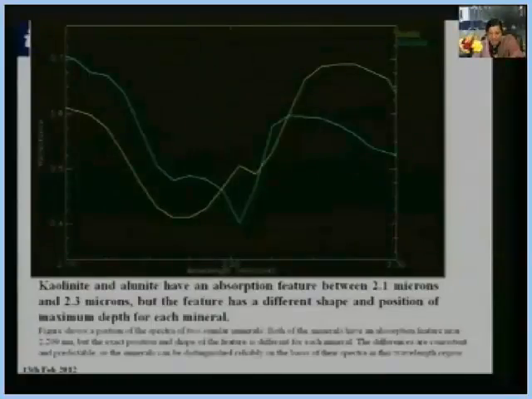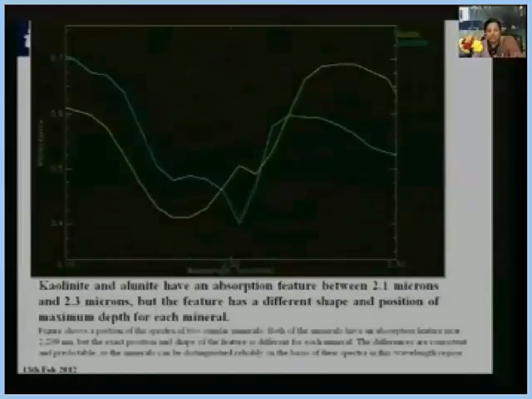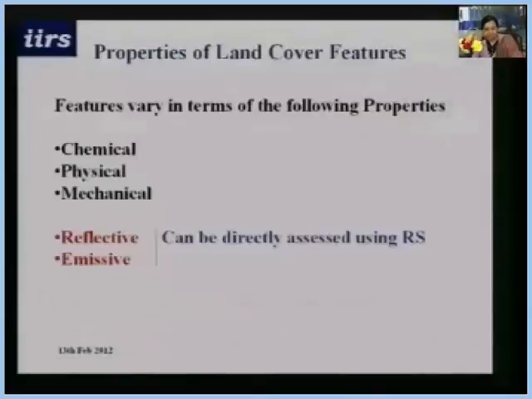If you sample the spectral measurements at a very narrow interval, that is at 10 nanometers, we will be able to capture these absorption zones separately, and that would enable us to identify these two minerals separately. Otherwise, in broadband remote sensing, this would be normalized, and you will not be able to see the difference between the two objects.